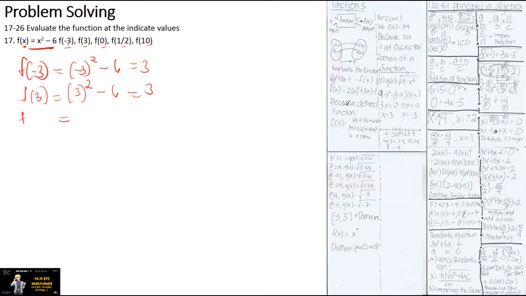So, ito naman, f of 0 is, so 0 minus 6, so that will be negative 6. So, ito naman, f of 1 half, so that will be 1 half squared minus 6 is equals to negative 5.75.